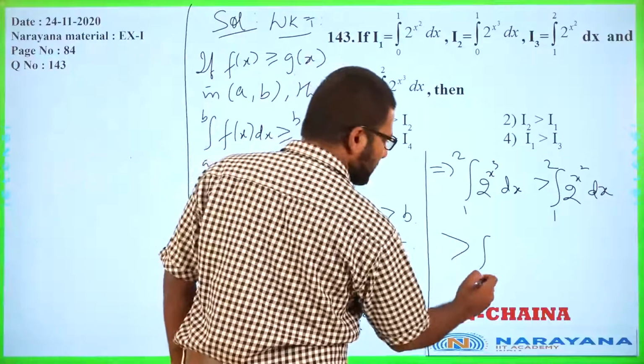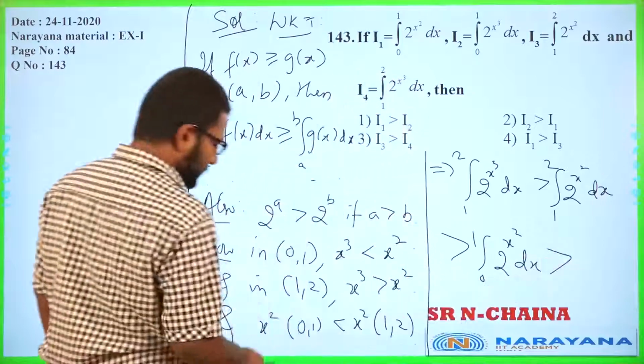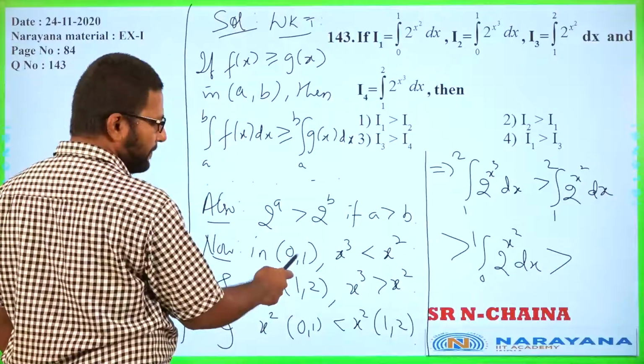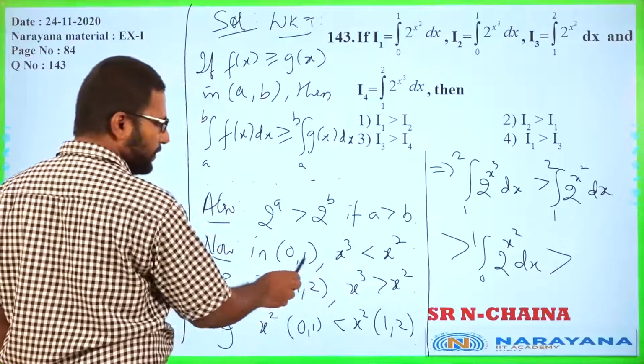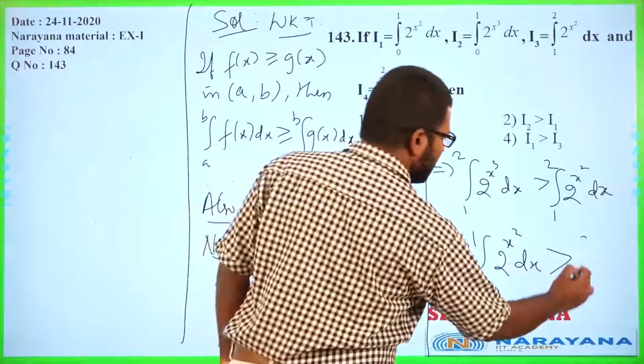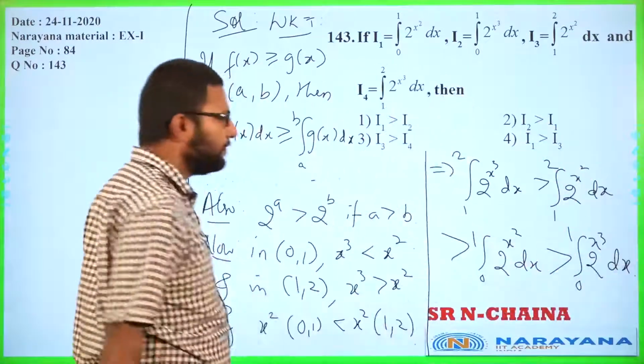So it is greater than the integral from 0 to 1 of 2 raised to x square dx, which is greater than, x square in 0 to 1 is greater than x cube in 0 to 1. So it is greater than the integral from 0 to 1 of 2 raised to x cube dx, correct?